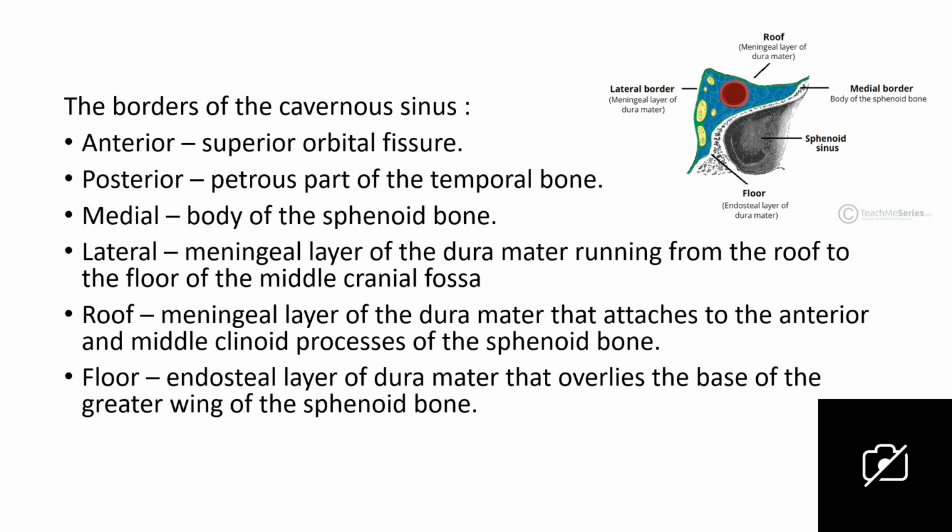The roof is from the meningeal layer of the dura mater that attaches to the anterior and middle clinoid processes of the sphenoid bone. The floor of the cavernous sinus is made of the endosteal layer of the dura mater that overlies the base of the greater wing of the sphenoid bone.